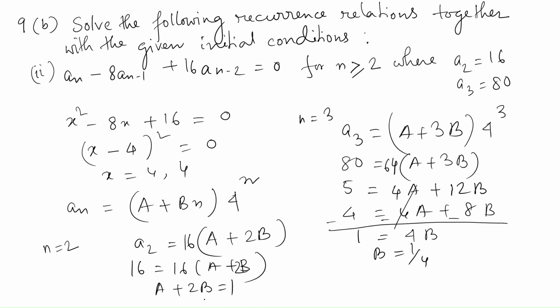If we put here b as 1 by 4, then a plus half equal 1. So a equal half. Then the solution becomes a_n equal half plus 1 by 4 n, 4 power n. We can take half common outside. Then we'll have (1 plus n by 2) 4 power n. This is the required answer.